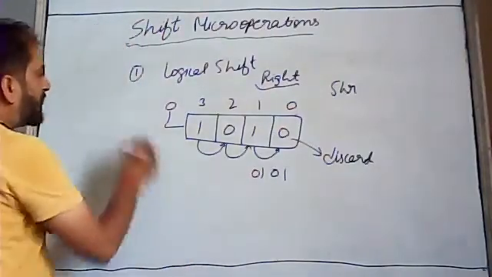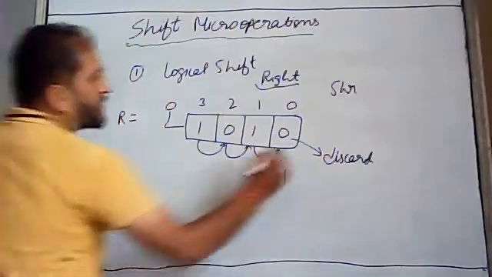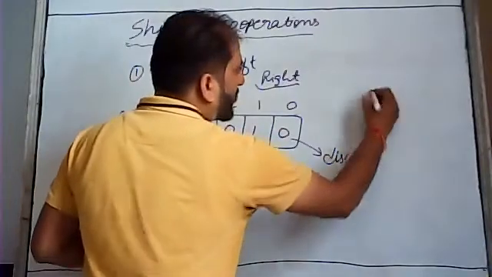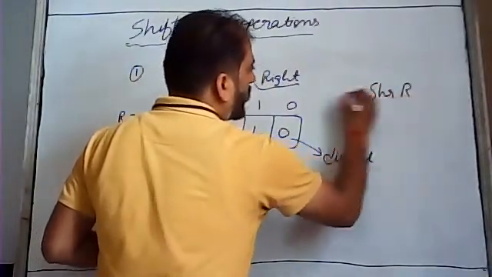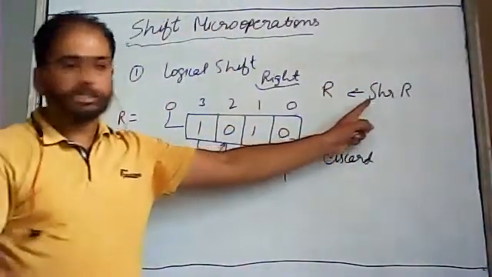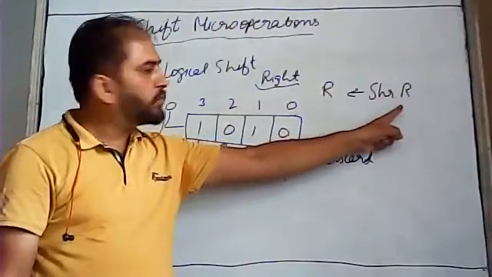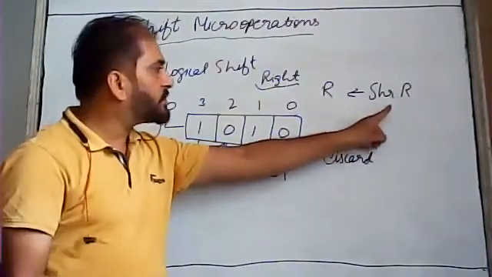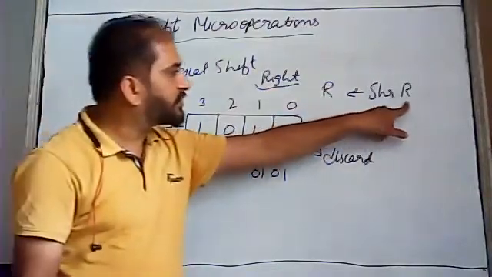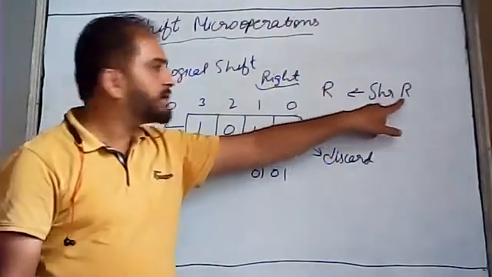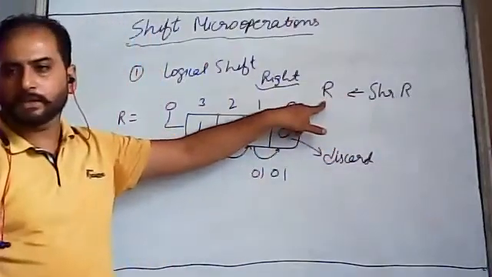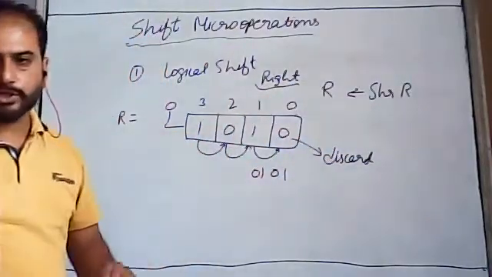Suppose this is a register R. If we want to logical shift right, we write SHR R. This means shift the bits of register R to the right by 1 bit and store the result in register R. So this is logical shift right.